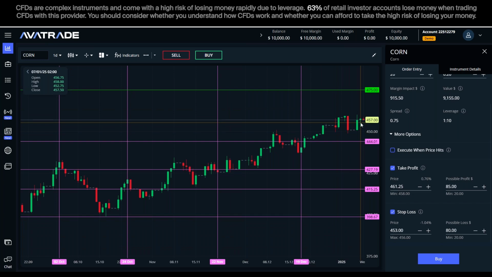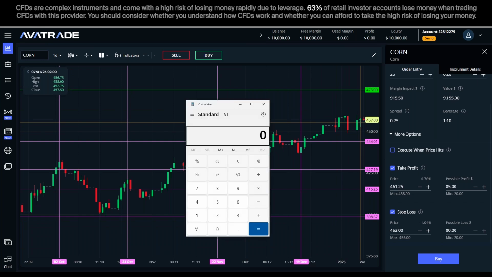I'll quickly write down the numbers. Open minus close is less than $1. And then high versus low, I have $6. What does that mean?